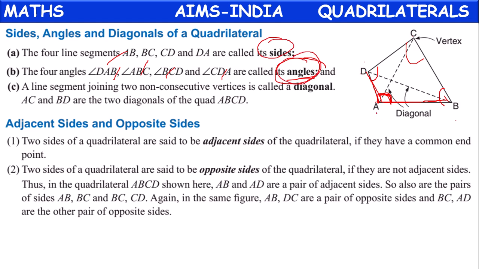And this AB side and BC side are called consecutive sides. They are side by side. But AB and CD are called non-consecutive sides because they are not side by side.